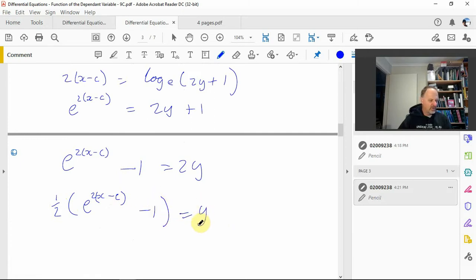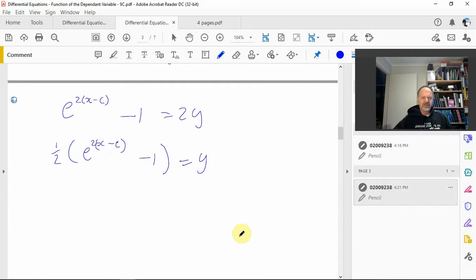And there's our y. All right. So there's our general function, because it's got a constant in here, and so that's y equals a half e to the 2x minus c minus 1.